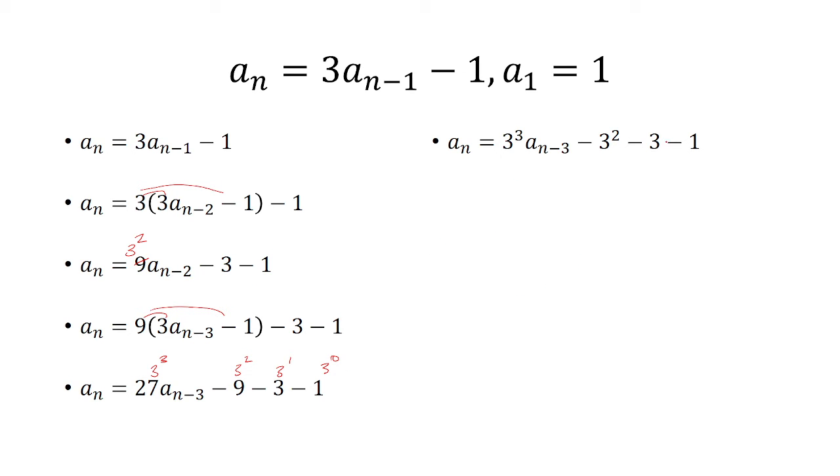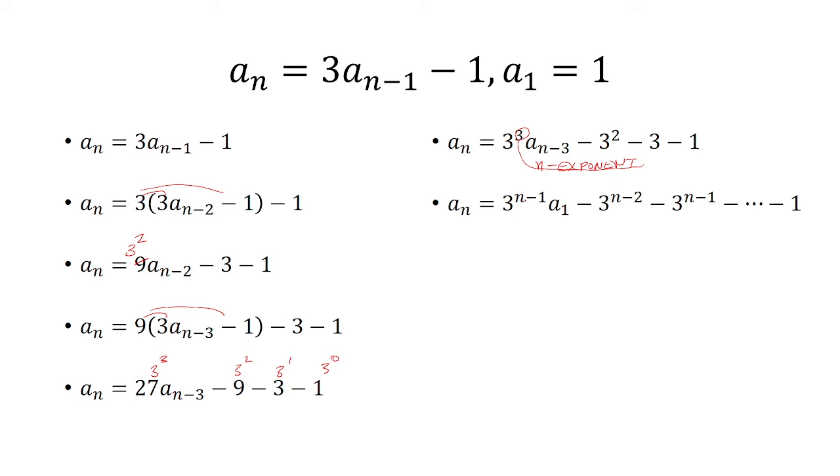So yeah, I'm just going to rewrite it like this. And now if I do this until we get to a sub 1 here, well, notice that this is always going to be n minus the exponent of the 3, of this guy right here.